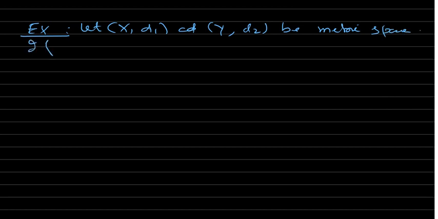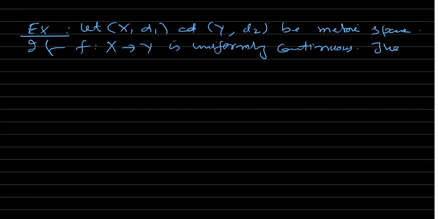If f from X to Y is uniformly continuous, then show that f is continuous on X. So every uniformly continuous function is continuous.